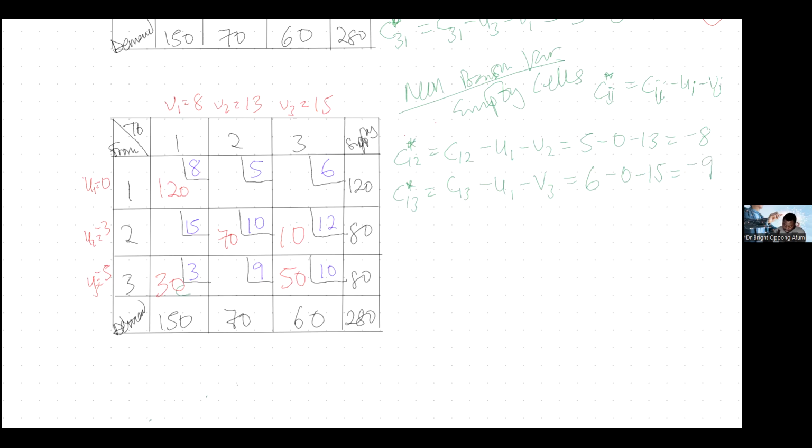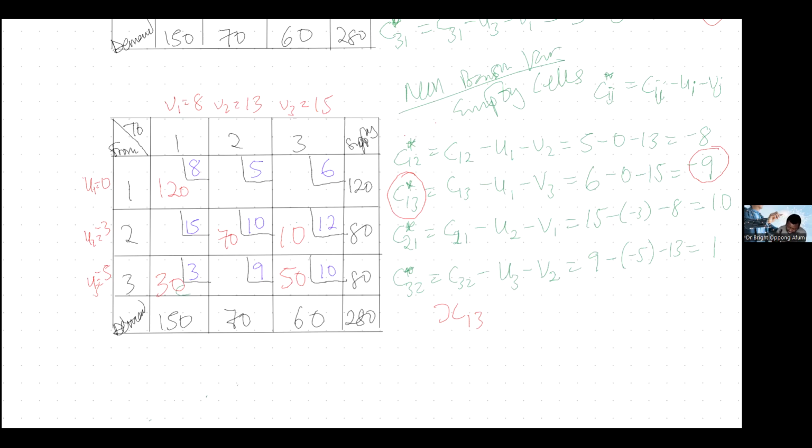Okay, -9. So we'll do the rest, and we'll have this. Therefore, which one is the most negative? That is this, which is C13. So X13 needs to be allocated as much as we can, so that we can see whether we are getting closer to the optimum.